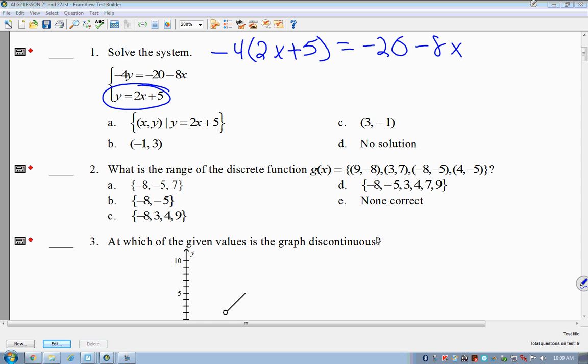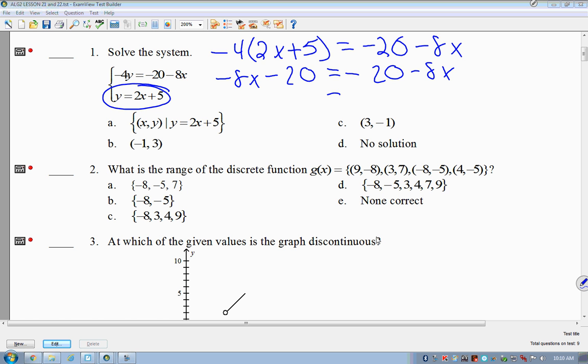Distribute what? Okay, tell me what I get when I distribute the negative 4. Negative 8x. What else? Negative 20. Okay, good. Equals negative 20 minus 8x, right? Okay. What do we notice about both sides of the equation? They're in a different order, right?